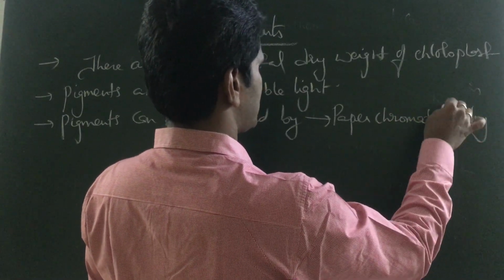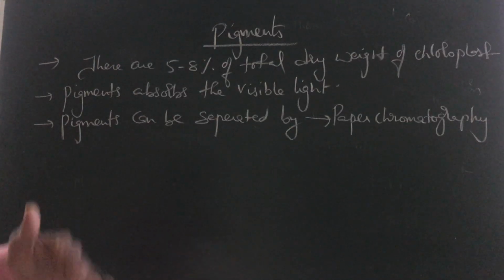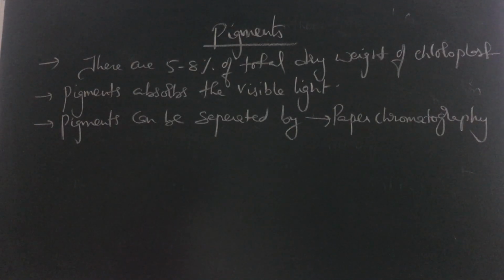You can clearly separate the pigments by using the technique called paper chromatography. When you separate them by paper chromatography, the order of separation is chlorophyll b, chlorophyll a, xanthophyll and carotene.